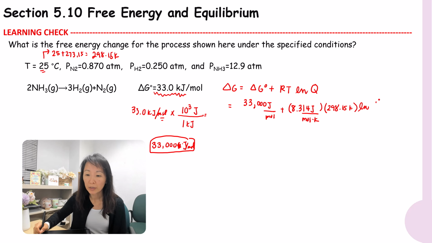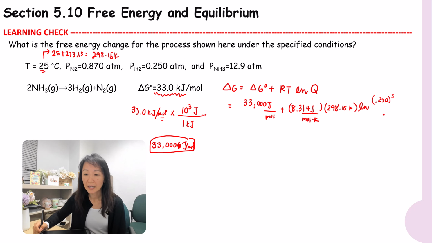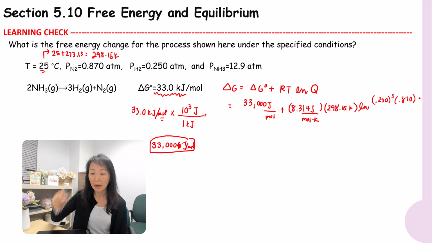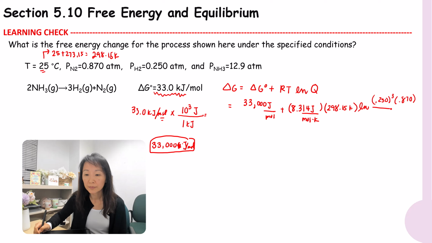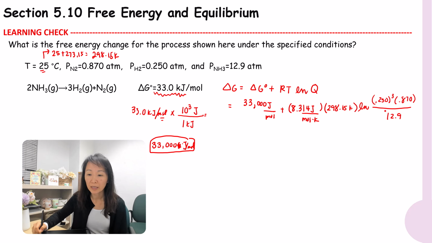So that's 0.250 to the third power, since the coefficient is 3 in the balanced equation here. Then we have our nitrogen, which is 0.870, and it's to the 1 power, all over. And then we have our ammonia, which is 12.9. And then we need to put that to the second power.